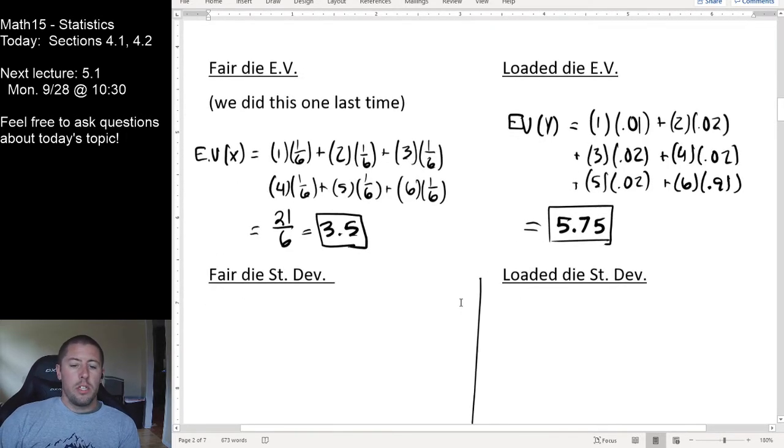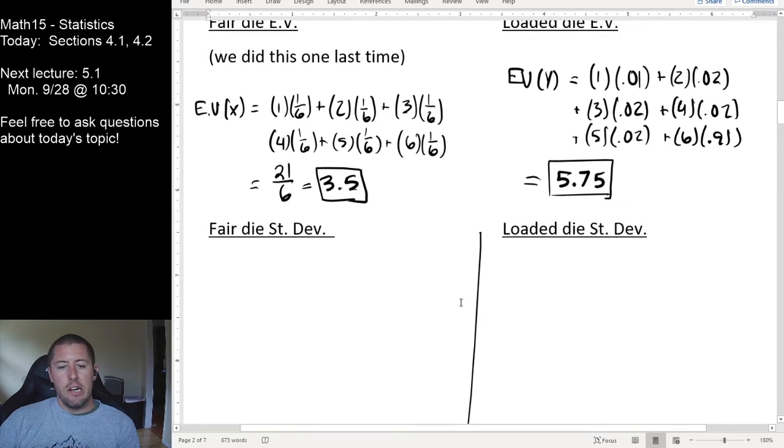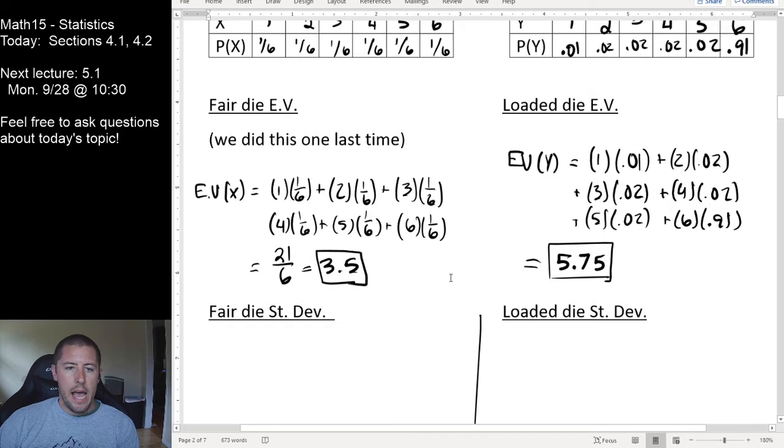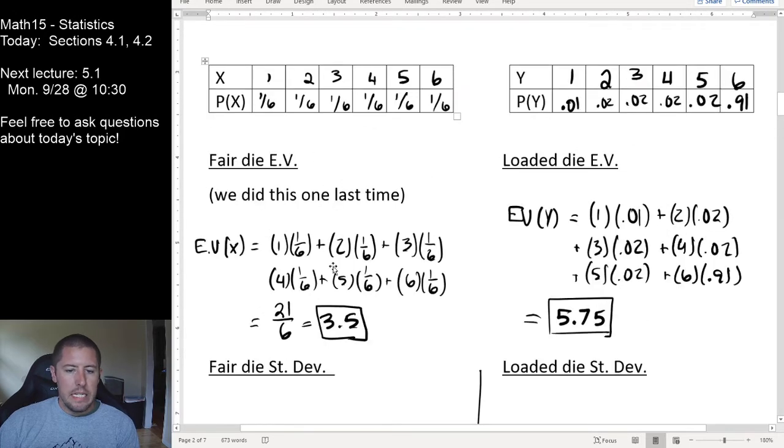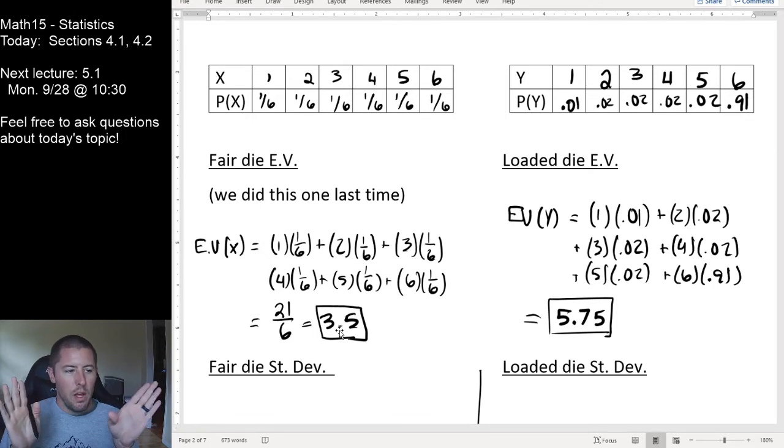So when we're computing our standard deviation, we want to do the very similar thing that we did before. We want to ask ourselves, how much do each of our outcomes deviate from the mean? Since we don't want our positive deviations and our negative deviations to cancel, we want all of our deviations to be represented as positive numbers.